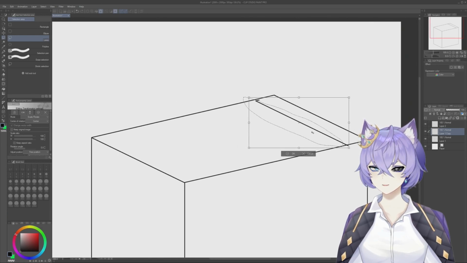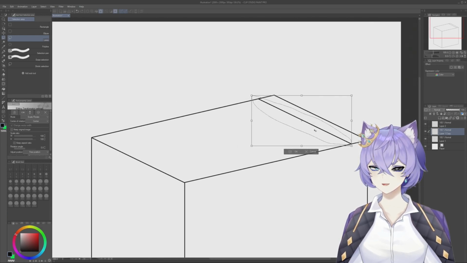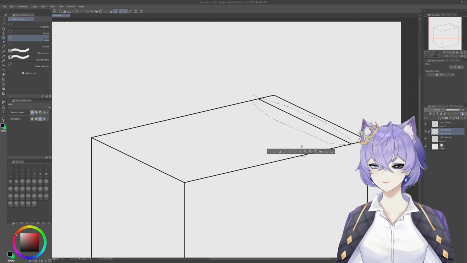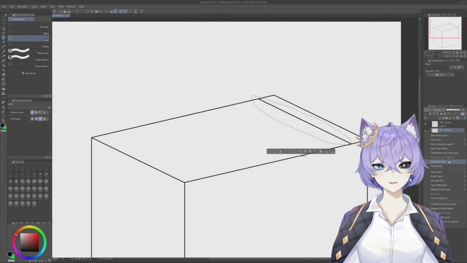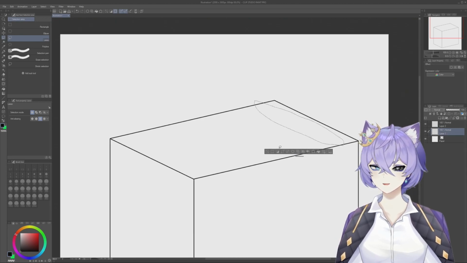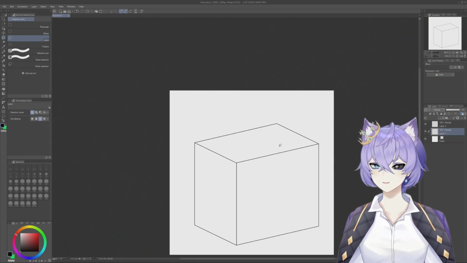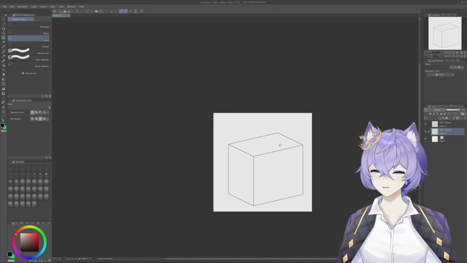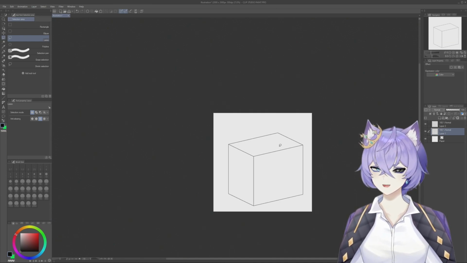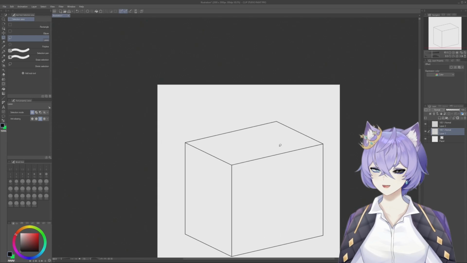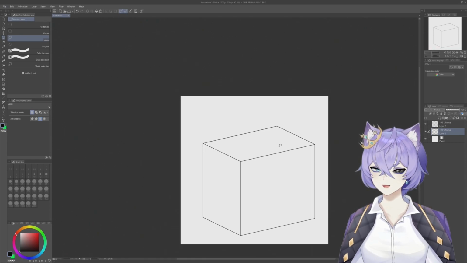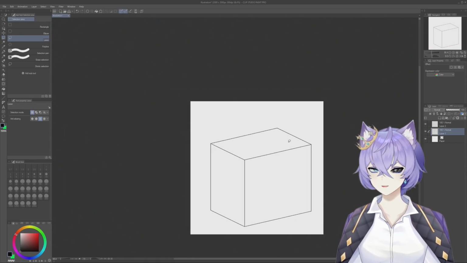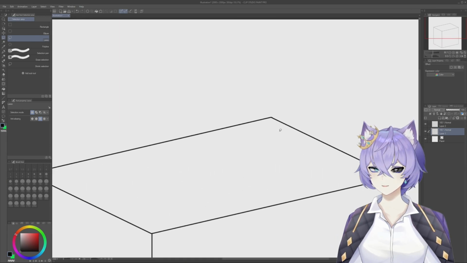I think my brain is playing tricks on me. My brain is telling me that this corner is wrong. Am I going crazy? Or is it just an optical illusion? Like, does this corner seem high to anybody else?